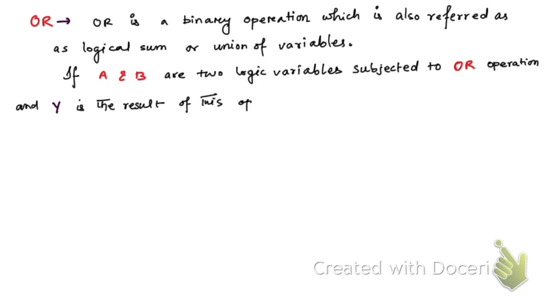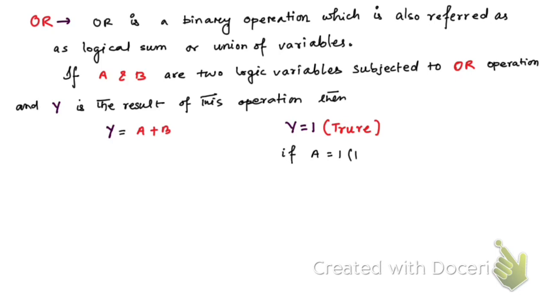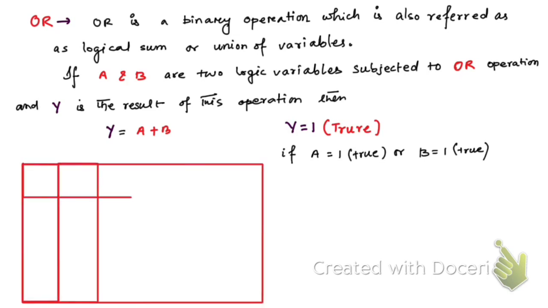Then this operation can be written as y is equal to a plus b. Here y is 1, true, if any one of these two is equal to 1, either a or b or both. In all the three cases it is equal to 1.